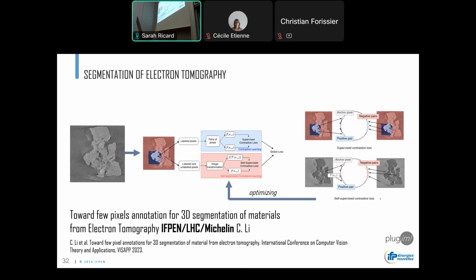It can be done with the annotation of only, for instance, five slices of your volume to be able to segment it correctly. You need to select your slices carefully. As I mentioned at the conclusion, they need to be representative.